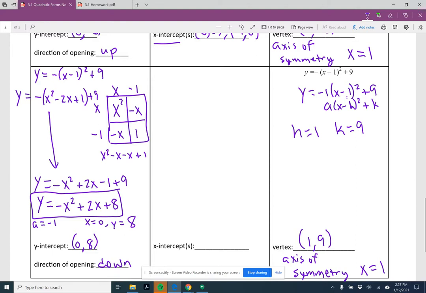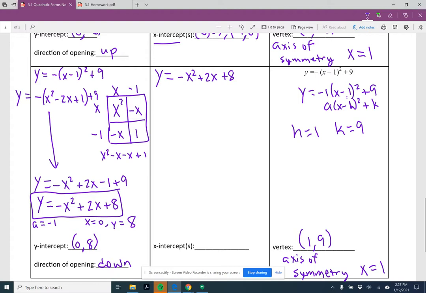Okay. Last thing we're going to fill in. Let's find the factored form.